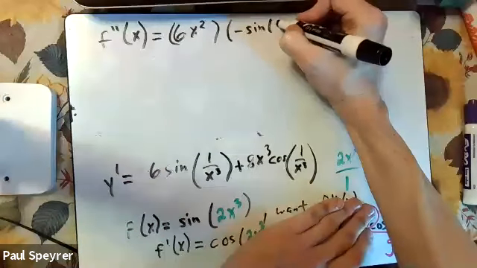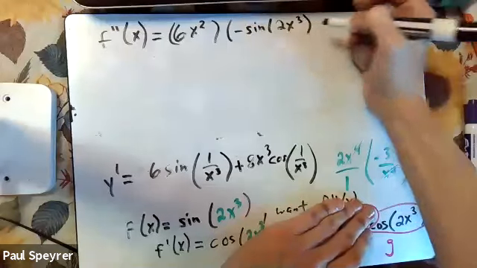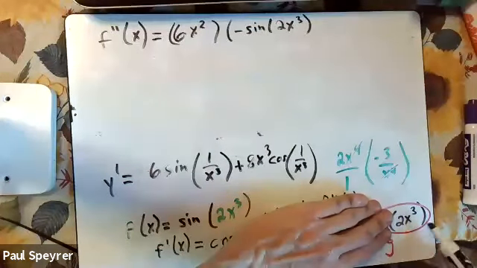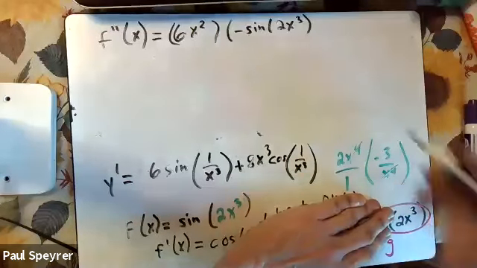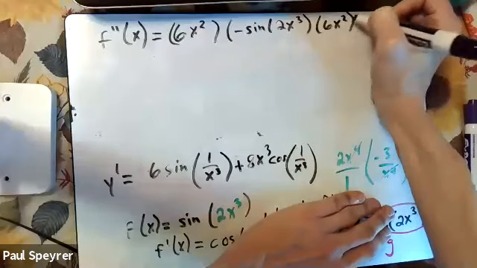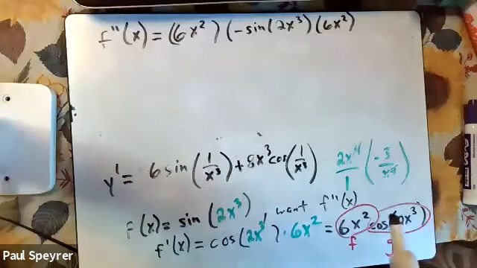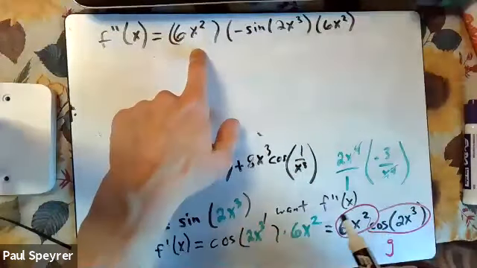So this is still 2x cubed. Now we derive the inside. We take the derivative of 2x cubed, which is 6x squared. In other words, it's all connected via multiplication. So that's f times g prime. Again, f was 6x squared.